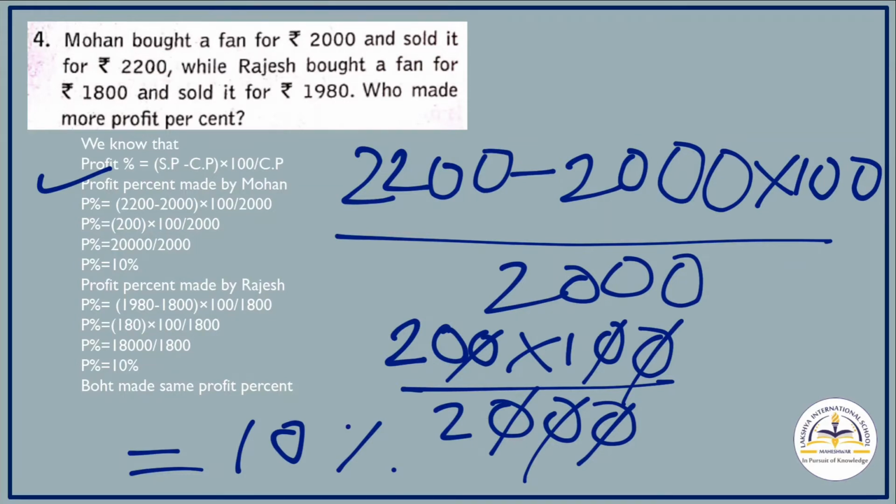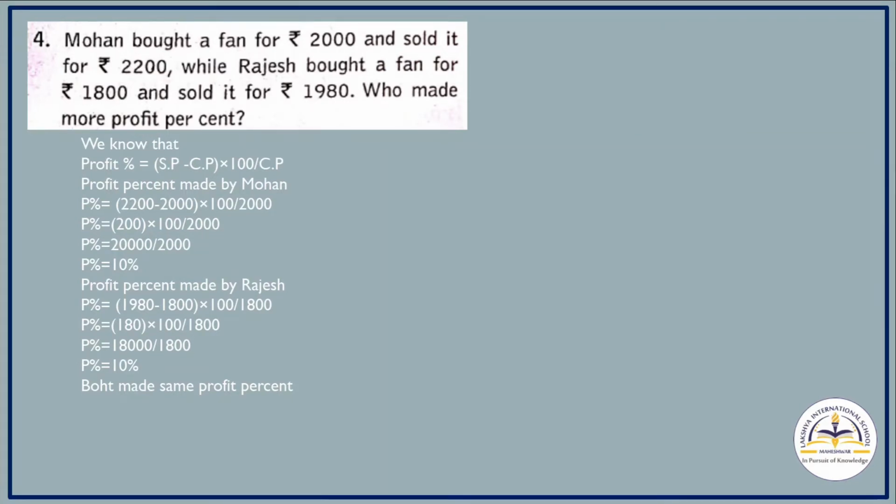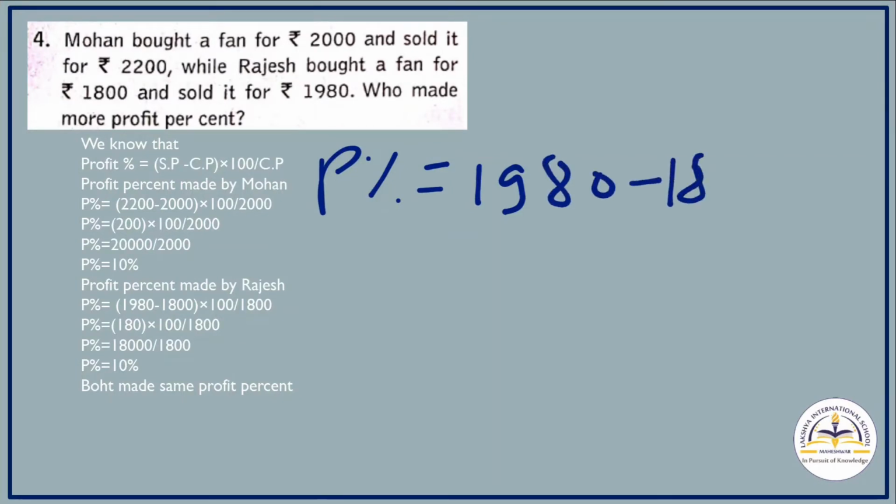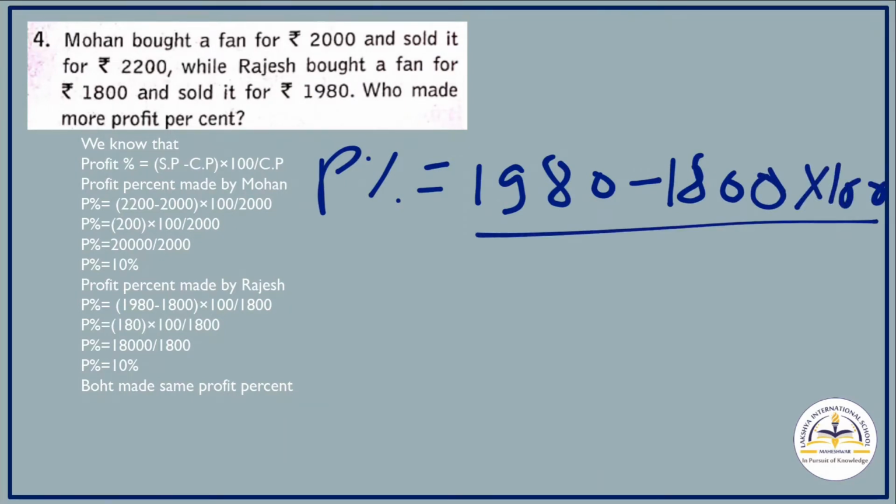Now we will find out the profit percentage for Rajesh. So profit percent equals to, that is 1980 minus 1800 into 100 divide by 1800, that is the cost price.